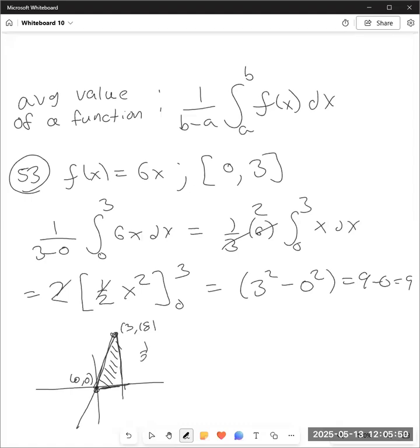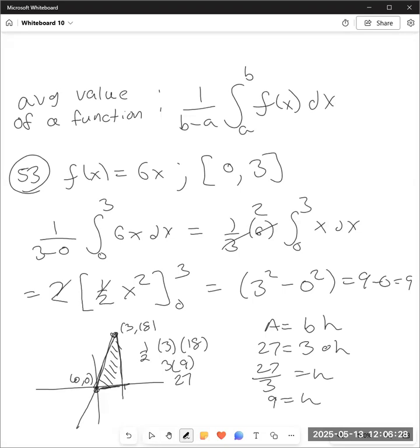I'll just do it with geometry. 1/2 of my base times my height is going to be 3 times 9 is 27. So I have an area of 27, but I want to change that into the area of a rectangle, base times height. And my base is still 3. And my height is going to be my average value of my function. So 27 divided by 3 is my h, and that's 9, and that's what I got.